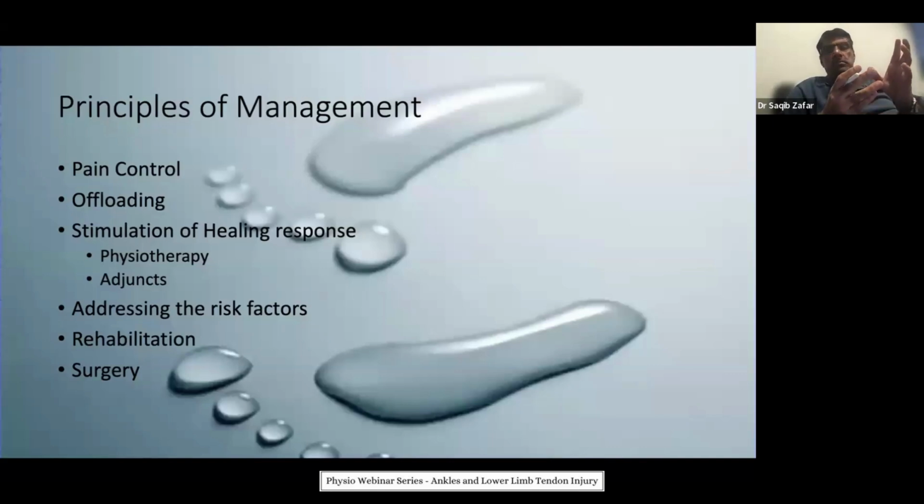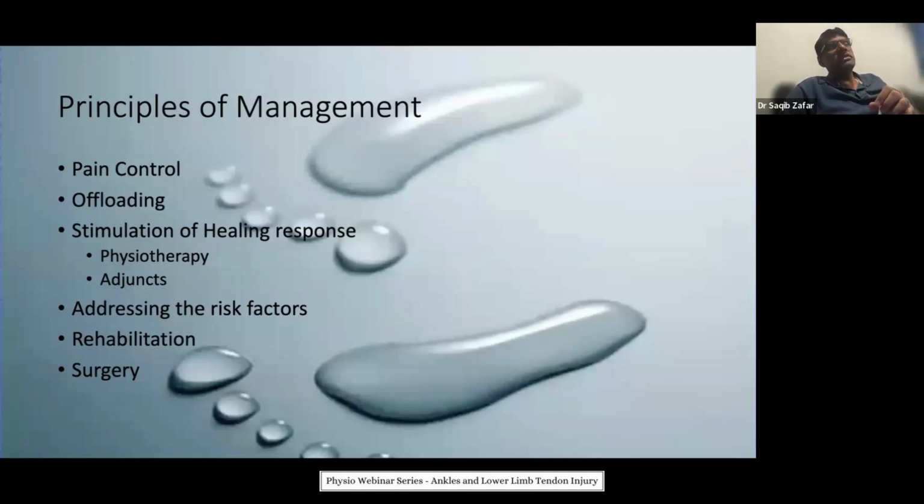There are various methods of doing it, by using physiotherapy adjuncts and other adjunct treatments such as shockwave therapy, platelet-rich plasma, improving the general health of the patient, modifying or controlling the other contributing factors, eliminating some drugs like quinolones, steroids, anti-epileptic medication. All these contribute to tendinopathy. So we need to look into adjuncts to support this tendon, to support this healing response. And we need to address those risk factors.